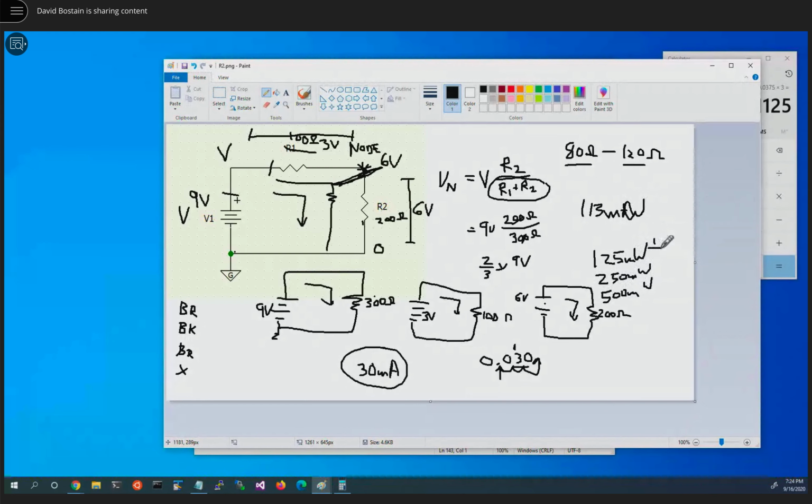Where this is 1/8 of a watt, this is 1/4 watt, this is 1/2 watt. Remember, you can't tell the wattage other than knowing it's the right one, or the package label says it, or you have experience. This number is way, way too close to 125 for my tastes. So I would buy a 1/4 watt resistor.